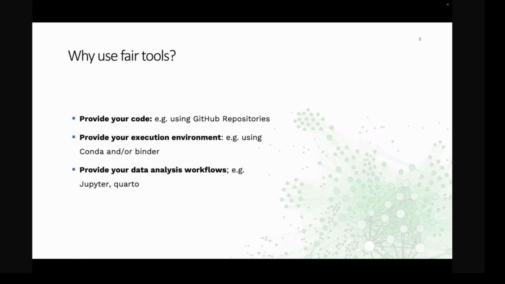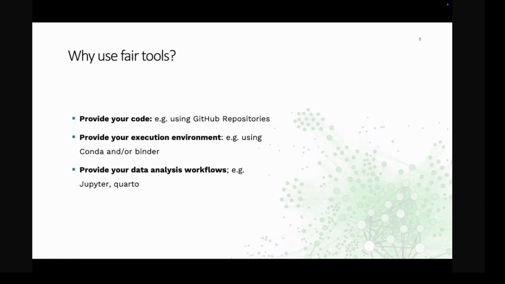Then you could provide your execution environment, and that's another set of tools. And I believe that's the topic for tomorrow, where you could not only provide your script, but your whole environment where your scripts were executed. Tools for that would be Conda or Binder.